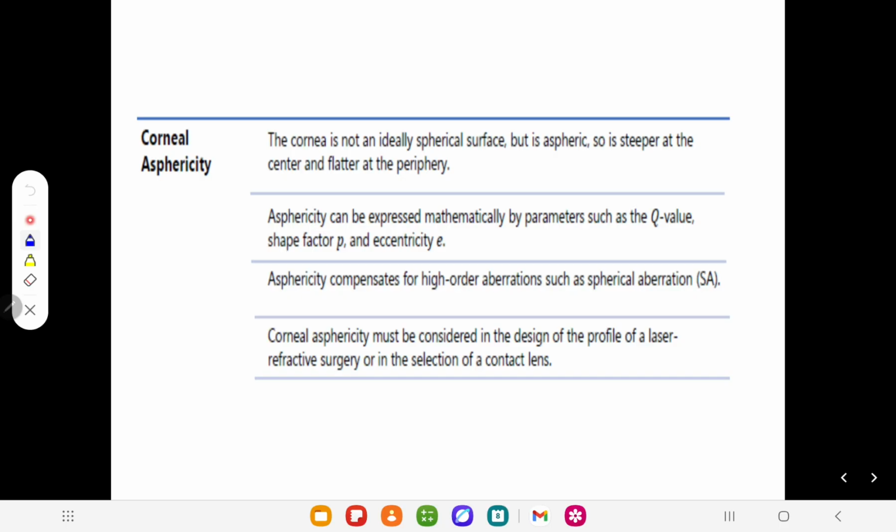So corneal sphericity, as a final touch: the cornea is not an ideal spherical surface, which is very important, but aspheric. It is steeper at the center and flatter at the periphery. That's why it's called prolate, isn't it? Sphericity can be expressed mathematically by the parameter Q value, or sometimes shape factor, or sometimes eccentricity. You have to know the formulas converting one to another.